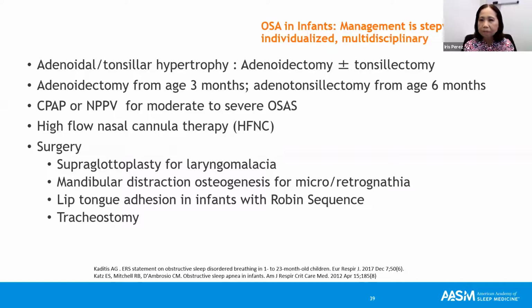The incorporation of CPAP or non-invasive positive pressure ventilation for those with moderate to severe OSA, high flow nasal cannula, or surgery depending on the main cause of the OSA. For example, those with laryngomalacia may benefit with supraglottoplasty.